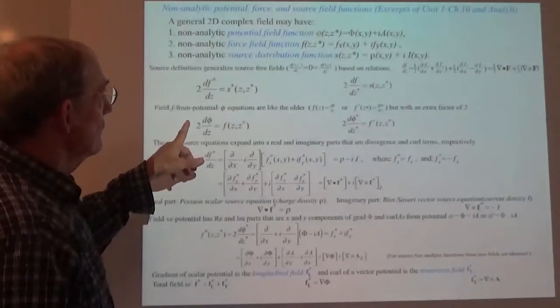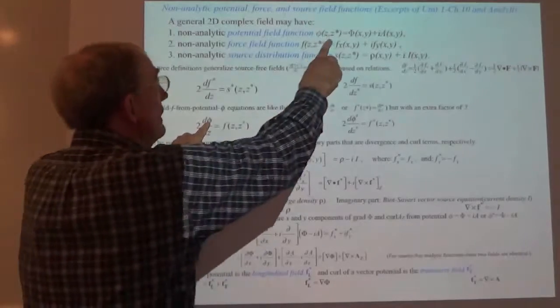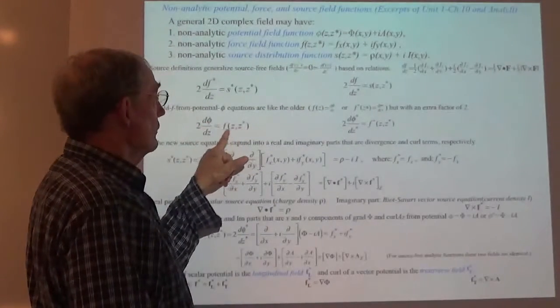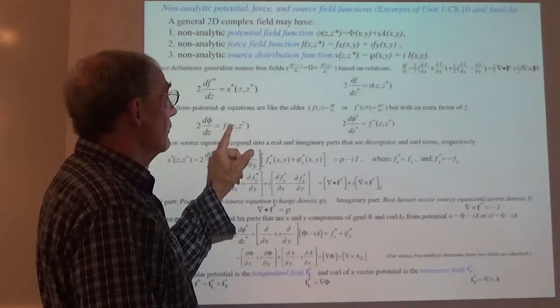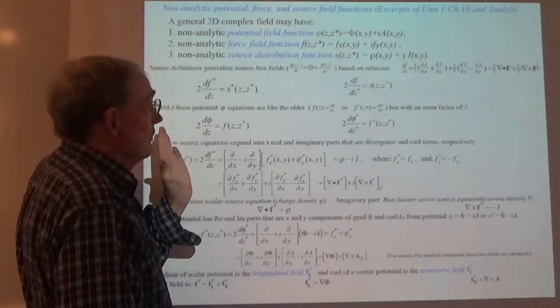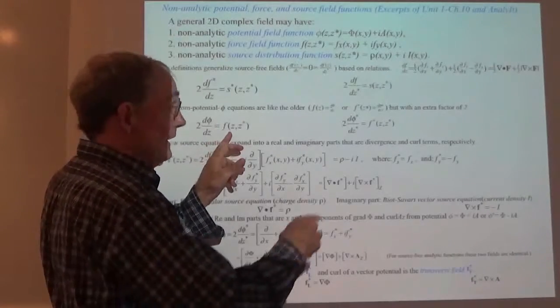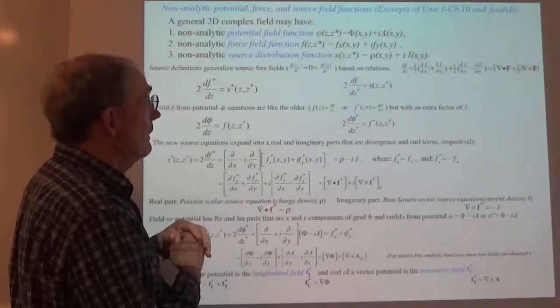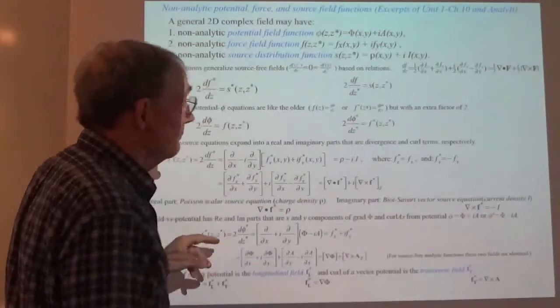And then we're going to have a relationship between a scalar potential, that's this guy here, but it's going to give us the entire force field. It's just that the gradient of phi is not going to be equal to the curl of the A. So we're going to have a phi and an A, but they're not going to behave like they did before.